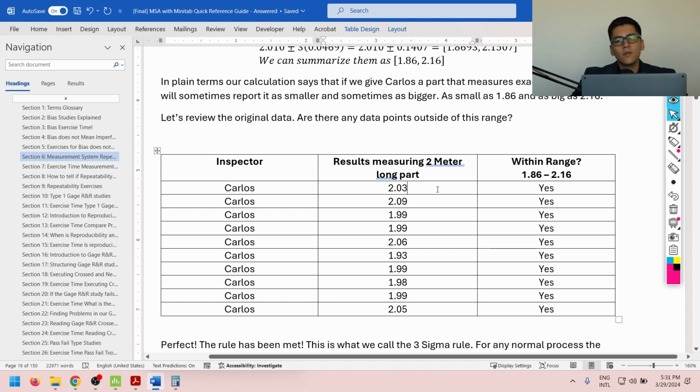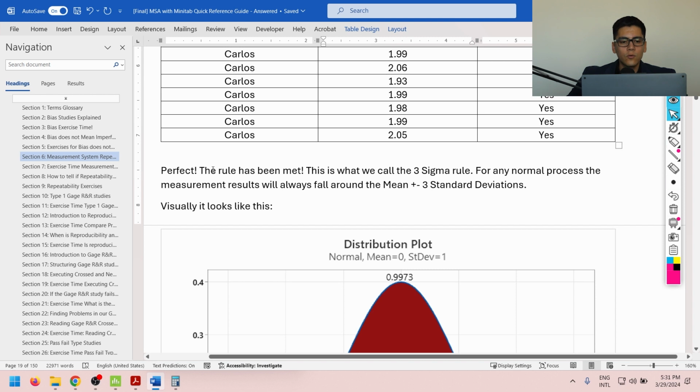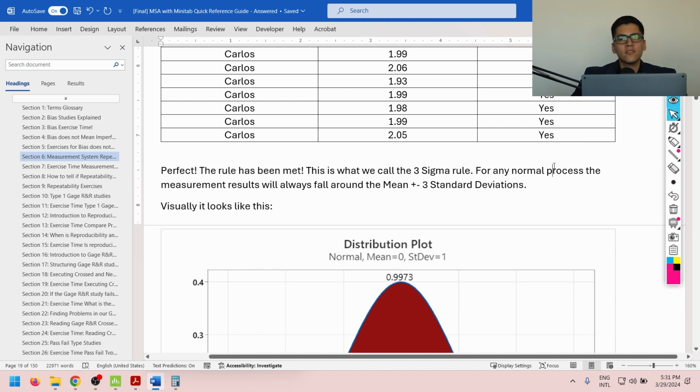As you can observe, based on my mathematical calculation of the mean plus or minus 3 sigma, all the data points are within the expected values. So the rule has been met. We call this rule the 3 sigma rule. For any normal process, the measurement results will always fall around the mean plus or minus 3 times the standard deviation.